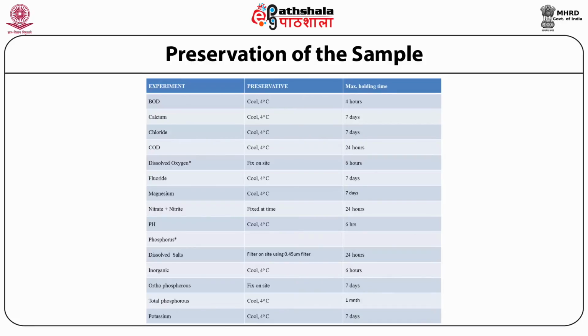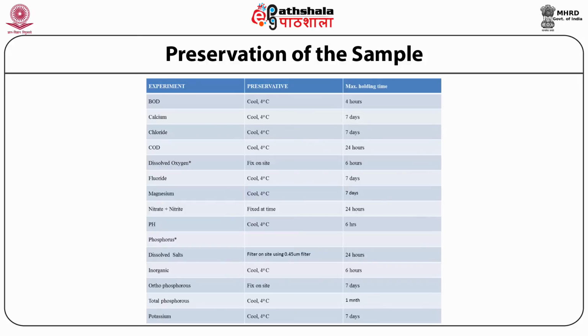COD we can preserve by cooling the temperature or by the addition of 2 ml of H2SO4 per liter of sample, and it has to be determined within 24 hours of the sampling. The dissolved oxygen has to be fixed on the site, and after that we can analyze the DO within 6 hours of the sampling.